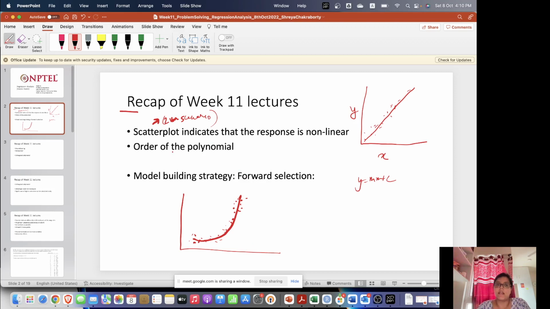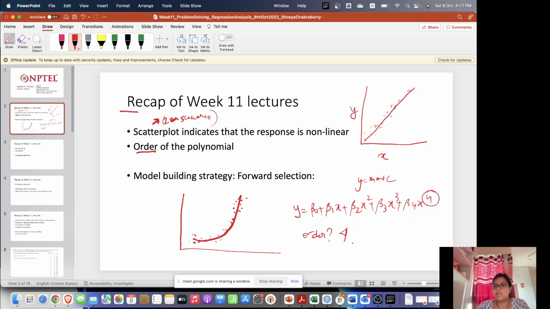And what do we mean by the order of the polynomial? Suppose we have something like this one, what is the order of the polynomial? 4. Yes, the highest term.